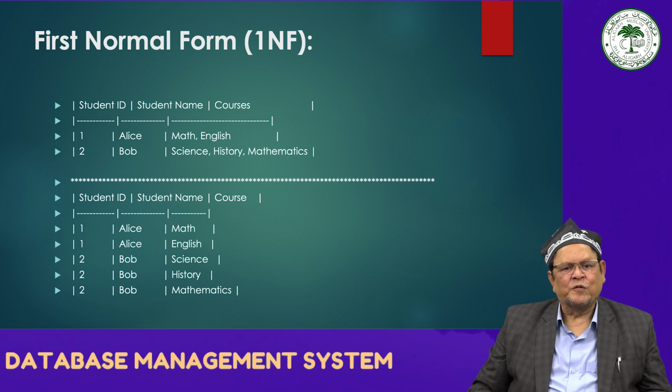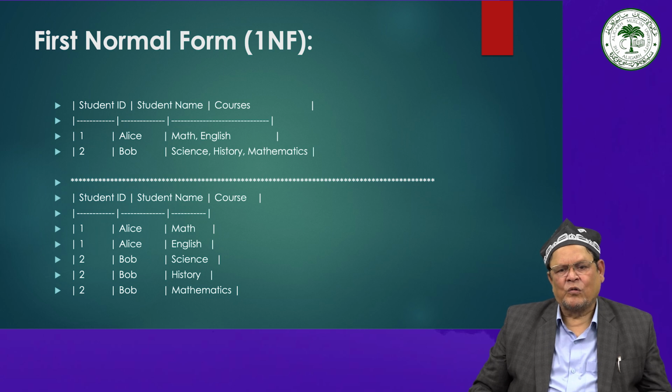Let's start with first normal form. In our example, we have a table storing information about students and the courses they are enrolled in. However, the course column violates first normal form because it contains multiple values separated by commas.